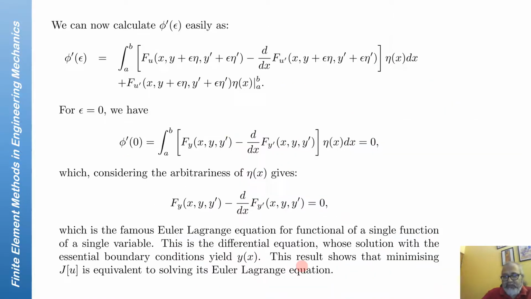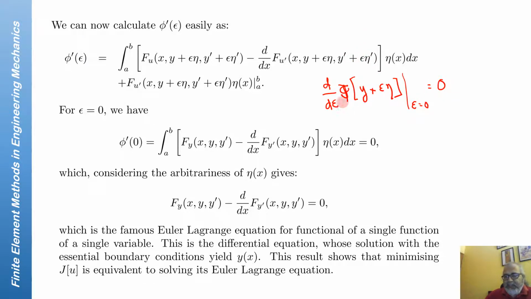So that is what I have done here, and I know that d/dε of J(y + εη), that is u, at ε equal to 0 is equal to 0. That is my identity.